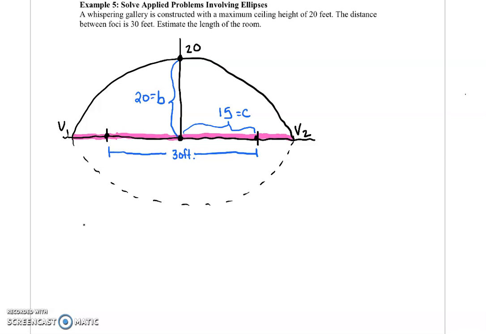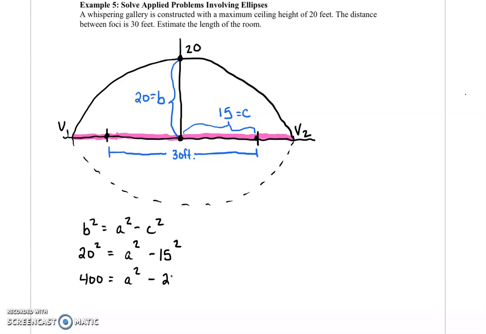To find A, we know B squared is A squared minus C squared. We know what B is, it's 20. We know that C is 15. Now we just do some arithmetic. 20 squared is 400. 15 squared is 225.